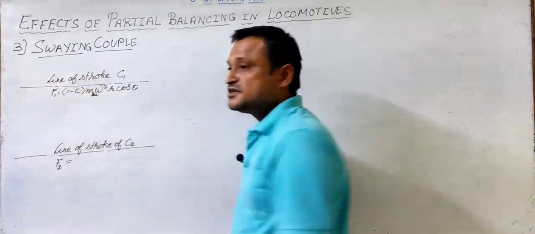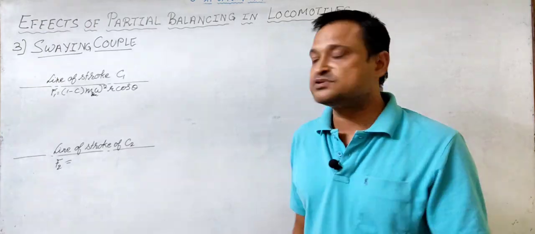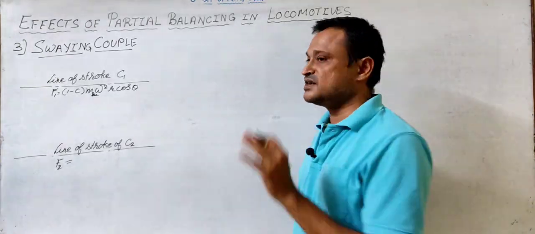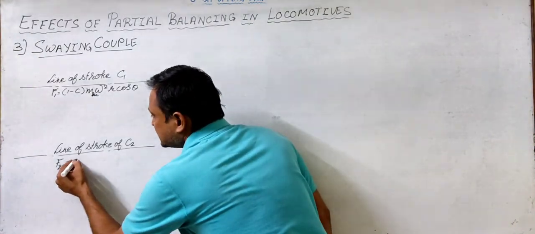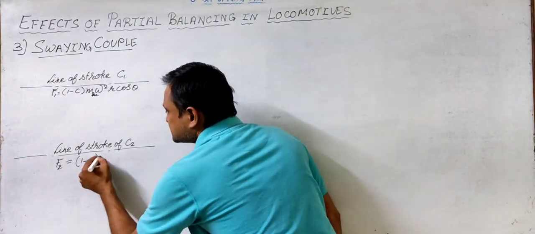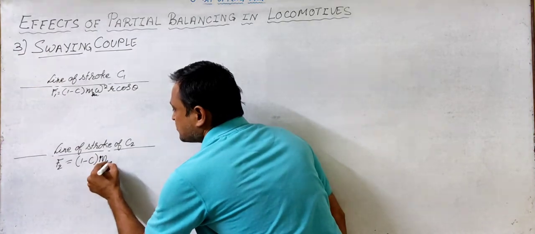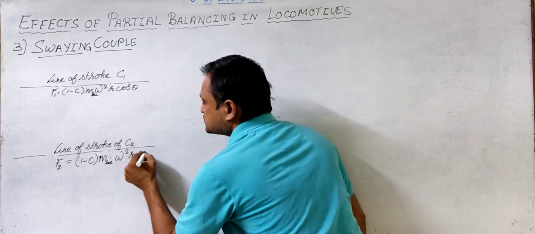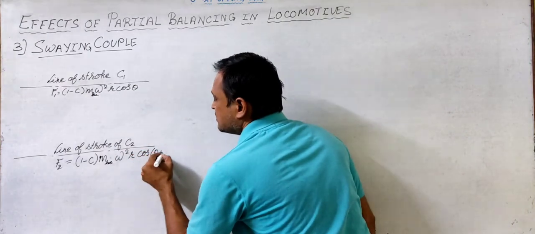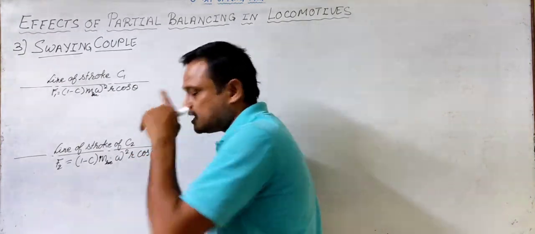These residual unbalances are always due to the reciprocating masses only, so the rotating mass is not involved. So it is (1 minus c) times m reciprocating omega square r cos(90 plus theta).